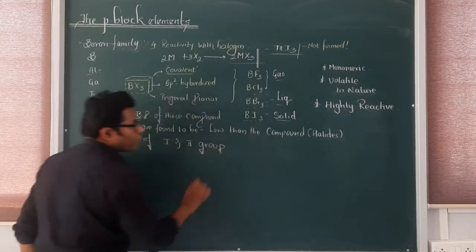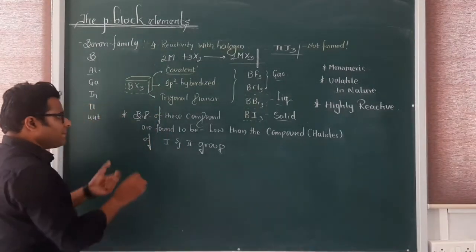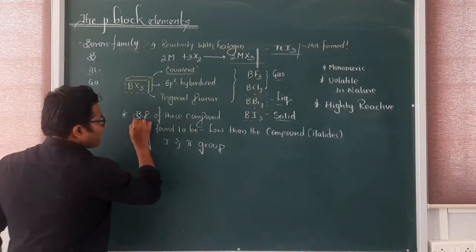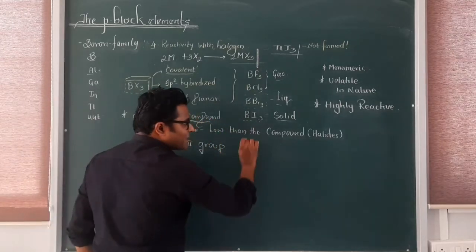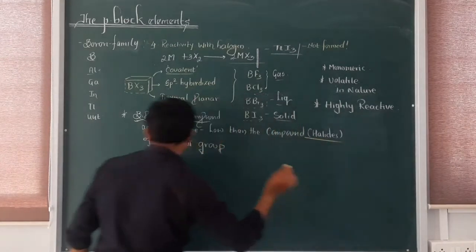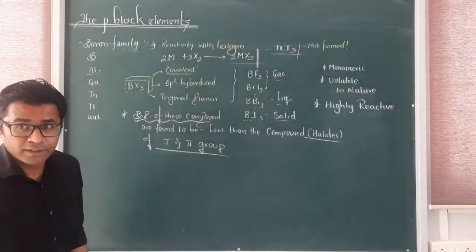That means we are speaking about the s block here. So remember, the boiling points of these compounds are lower than the halides formed from the elements of the first and second groups respectively.